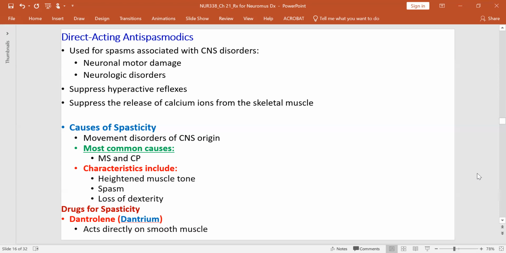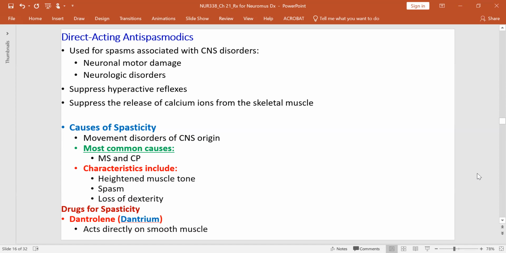Other signs and symptoms of a spastic muscle include mild to severe pain, exaggerated DTRs, deep tendon reflexes, and localized muscle spasm, sometimes with involuntary crossing of the legs, which is called scissoring, from scissor, and also fixed joints.